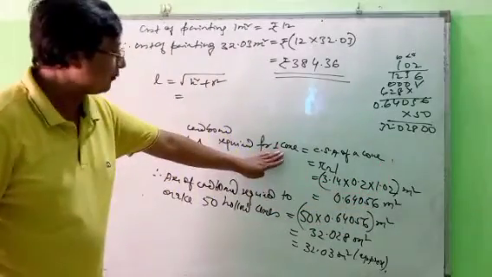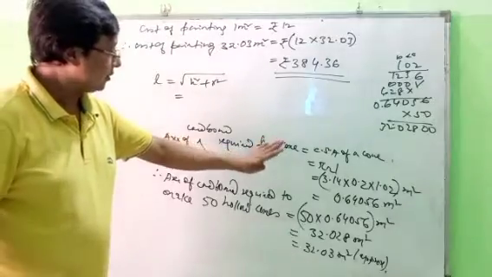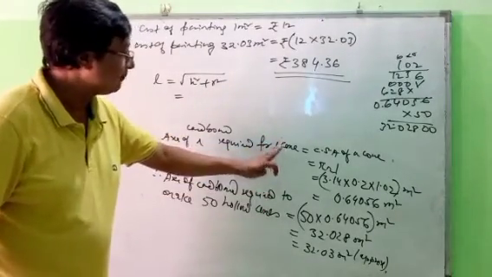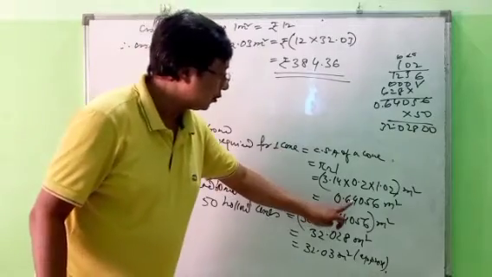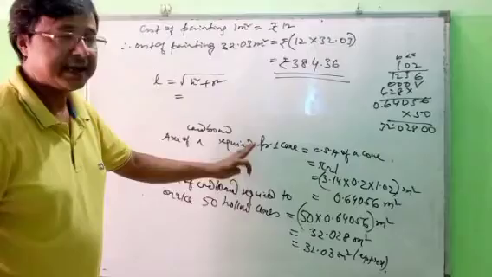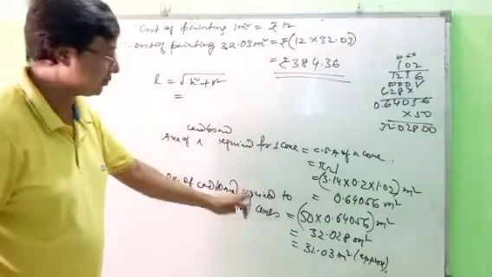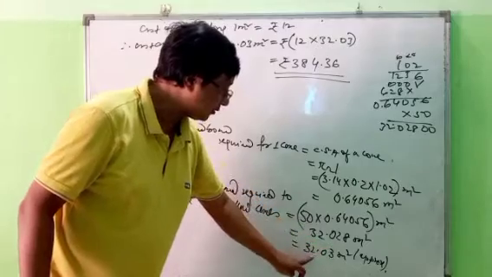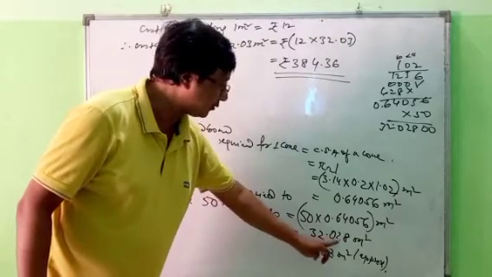So like this type of cone, they are going to make 50 cones. For one cone, the area of cardboard will be this much. For making 50 cones, the area of cardboard will increase. That is why you multiplied these two and got approximately 32.03.